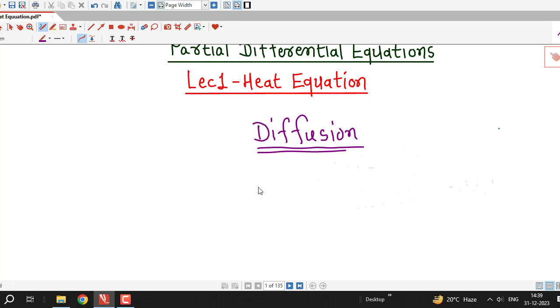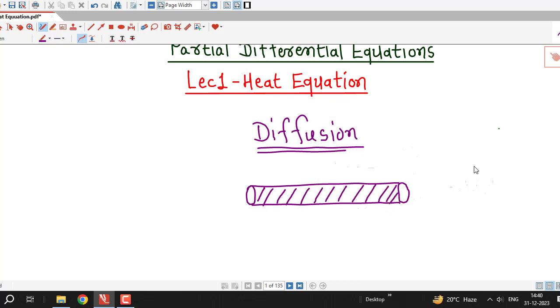So suppose we are interested in the temperature distribution in a thin metal bar. Suppose this is a metal bar or metal rod of homogeneous material, and we are interested in the distribution of temperature in this metal rod.